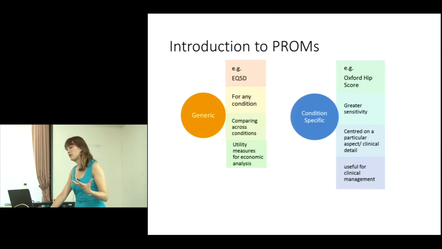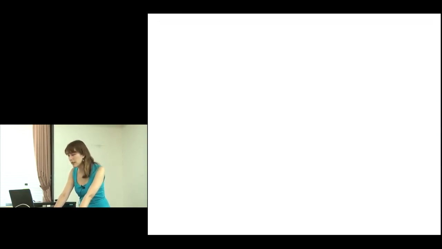One of the limitations and sometimes criticisms of generic PROMs is that usually they're not sensitive enough or there's a ceiling effect, etc. But condition-specific PROMs are much more helpful for the clinician because they're focused on measuring a particular aspect of health and it's much easier to understand the clinical management. A common one that the PROMs program uses, for example, is the Oxford Hip Score for hip arthroplasty, and the Oxford Knee Score. And you might have used some of your own in your own research in specific disease areas.